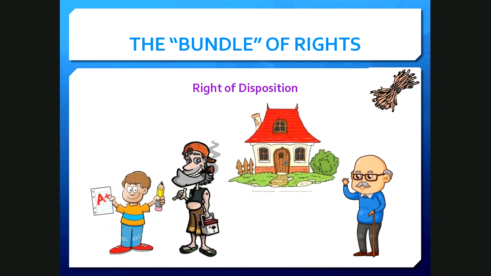And he has a grandson, little Johnny, that he loves. Well, Old Man Jones has a right to dispose of this property any way he sees fit. And he would love for little Johnny to get the property and not give it to his deadbeat son.